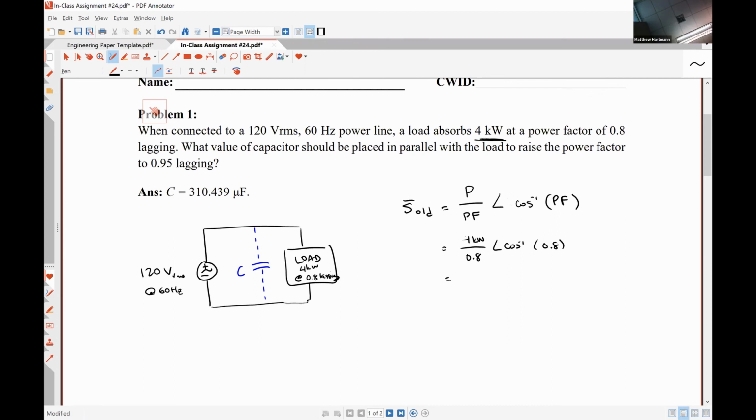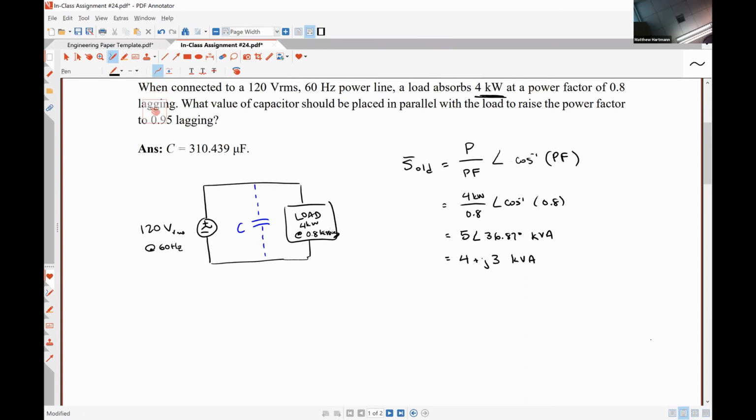And this is going to give us angle 36.87 degrees kVA, or in rectangular form, 4 plus j3 kVA.